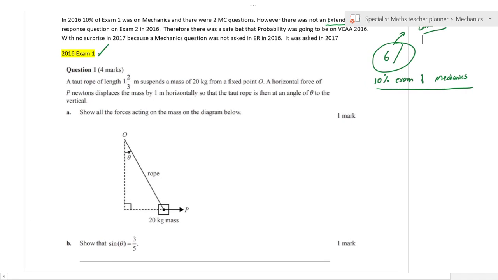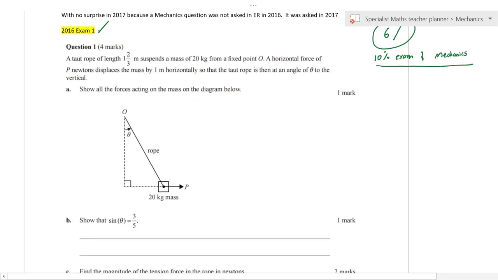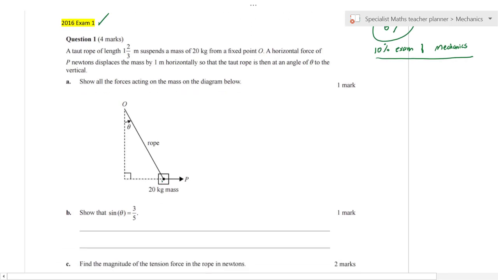A taut rope of length 1 2/3 metres suspends a mass of 20 g from a fixed point. A horizontal force of P newtons displaces the mass by 1 metre horizontally, so the taut rope is then vertical.